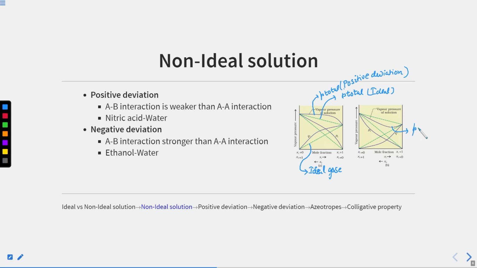This is P total for negative deviation. And this is the ideal case, P total for ideal case.